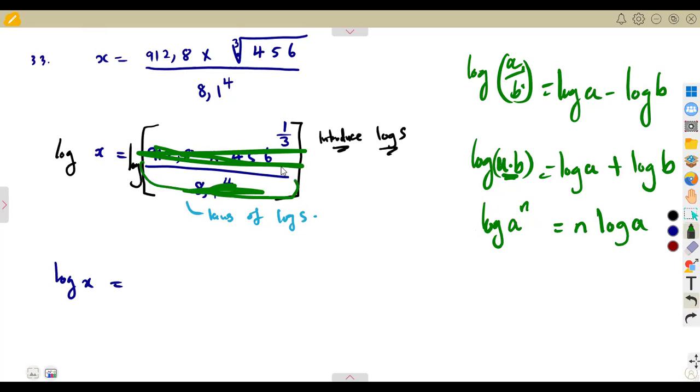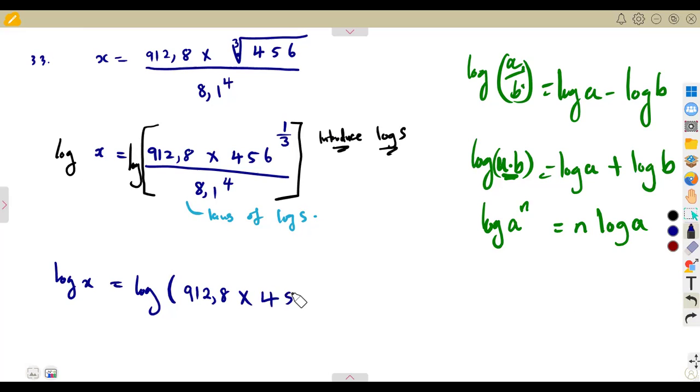So let's start by separating the numerator from the denominator. There is a division there. This whole thing is being divided, A over B, so we are subtracting the logarithm of the denominator from the logarithm of the numerator. In the numerator, there is 912.8, which is being multiplied by 456 to the exponent of 1 over 3.